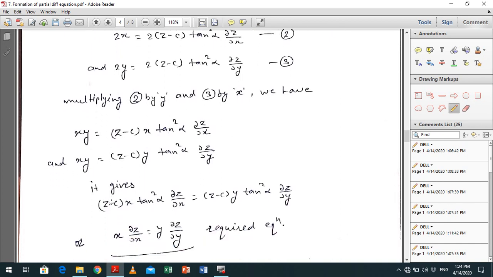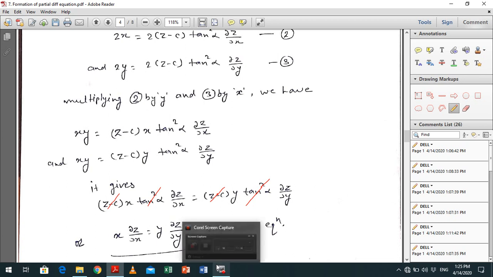It gives us z minus c tan square alpha x del z upon del x equals z minus c tan square alpha y del z upon del y. When we simplify it, tan square cancels out, z minus c cancels out, so the resultant equation becomes x del z upon del x equals y del z upon del y, which is the required partial differential equation.